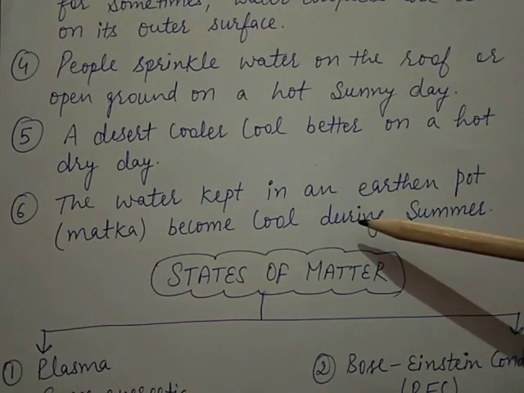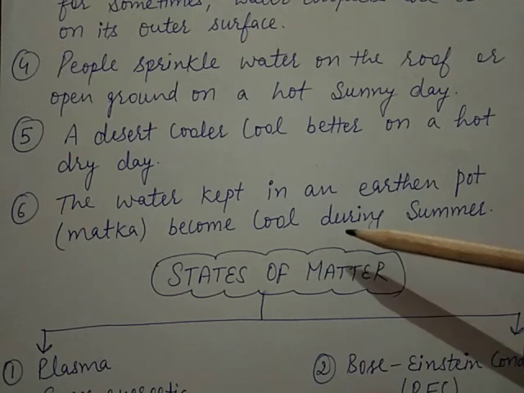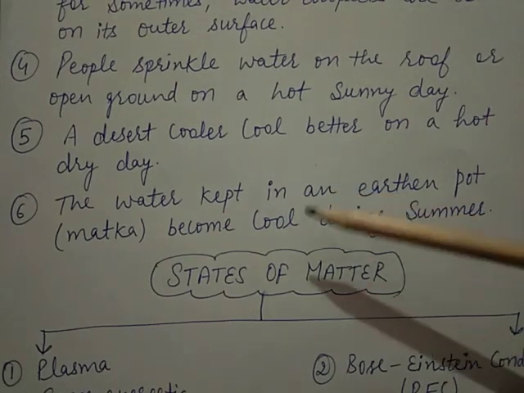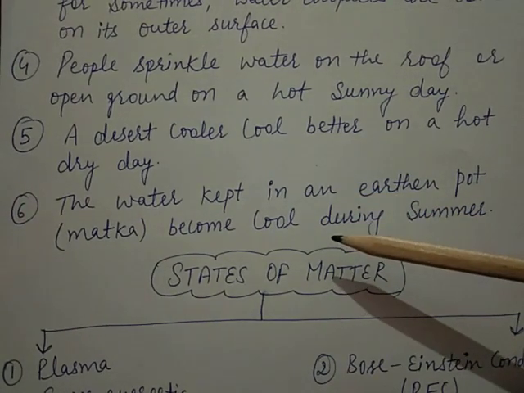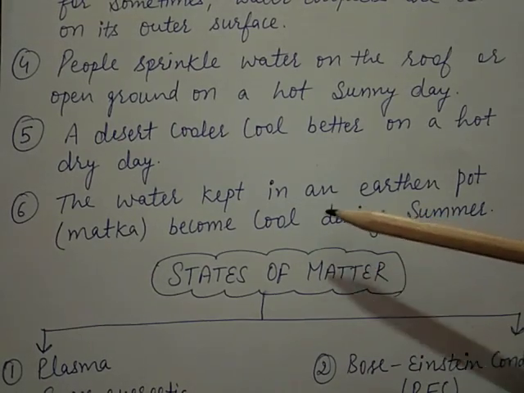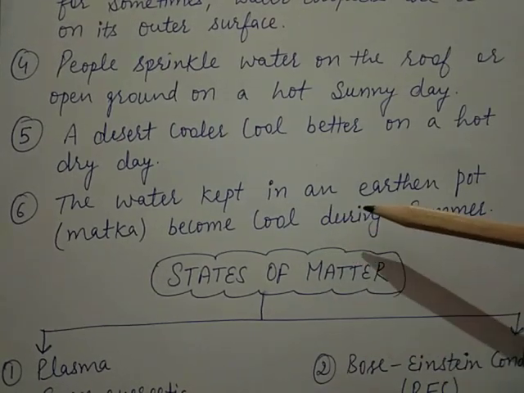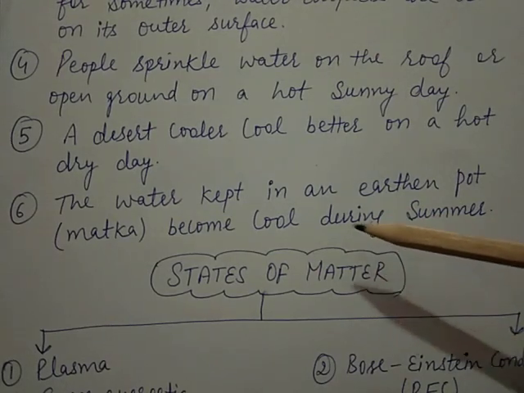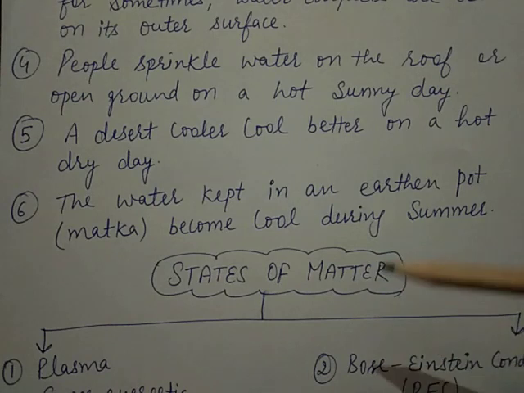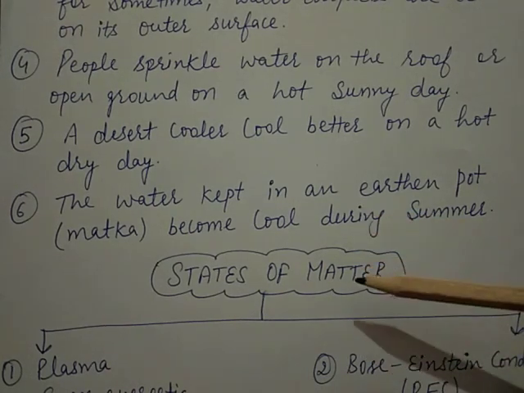The water molecules on evaporation escape from the small pores of the earthen pot, and the heat required for evaporation is taken from the earthen pot and the water in it. Due to this, the heat of the remaining water is lowered and the water becomes cool.